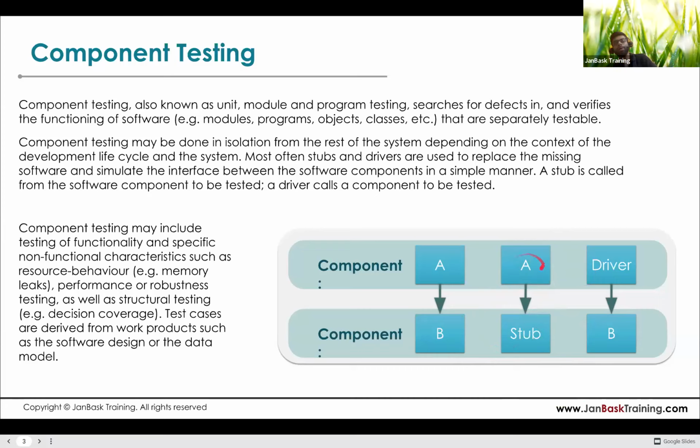You need to remember that whenever we are testing a higher level component and the lower level component is not ready, that's when we use a stub. And whenever the higher level component is not ready and we need to test the lower level component, at that time we will use a driver, which will mimic the higher level component.